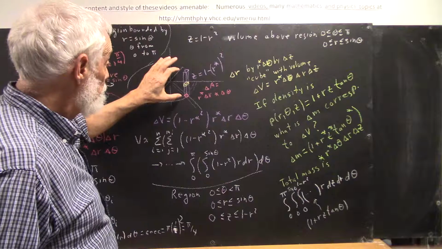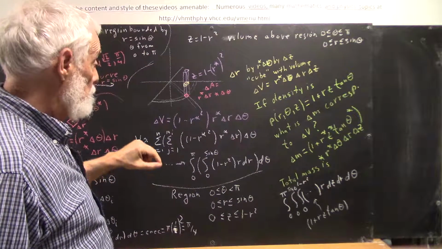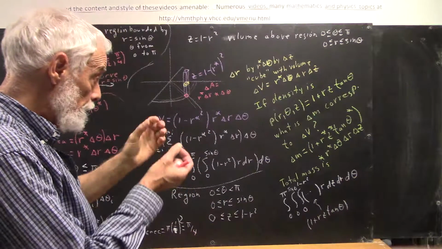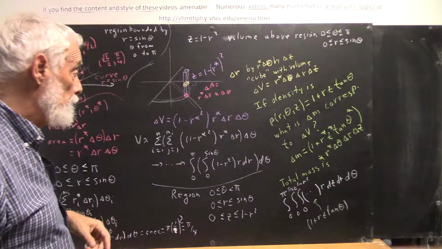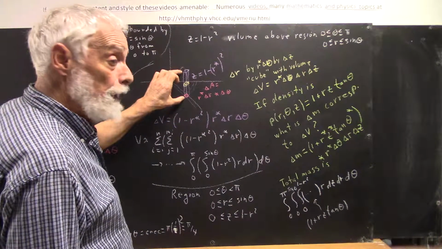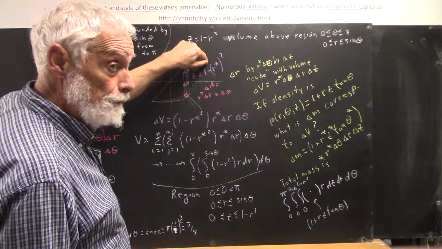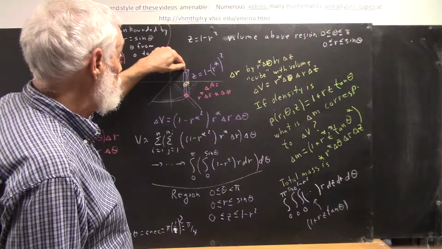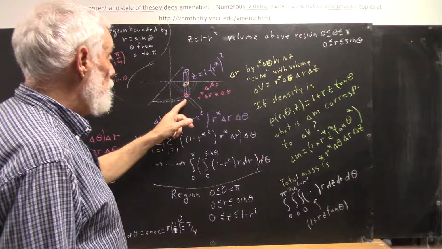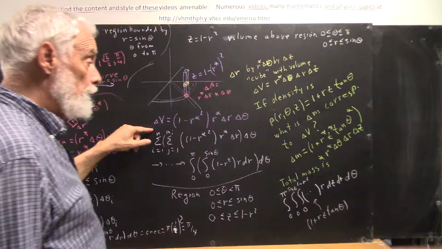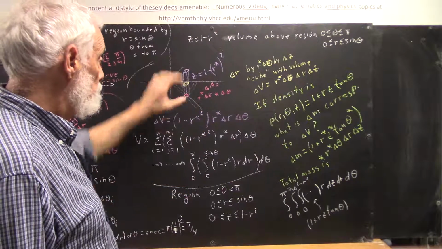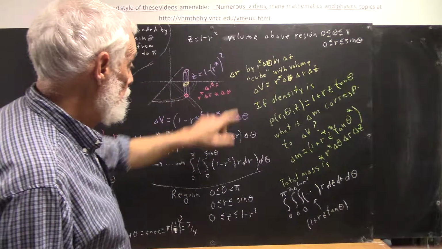What's the volume of this figure here? Okay, well, its base has this area. Its base is approximately rectangular. If you have very small delta theta, it's very close to rectangular. But it doesn't matter. If we take the area of the base and multiply by the altitude, which is our z-coordinate, we're going to get a volume. And that's going to be the volume beneath the 1 minus r squared surface above this increment. So our volume contribution is just 1 minus r star squared, the z-coordinate, times the area of the base.